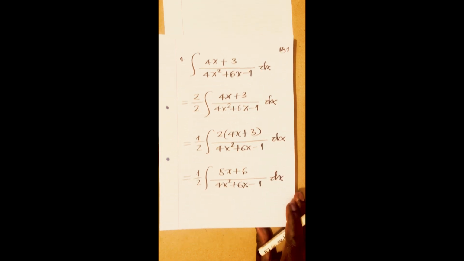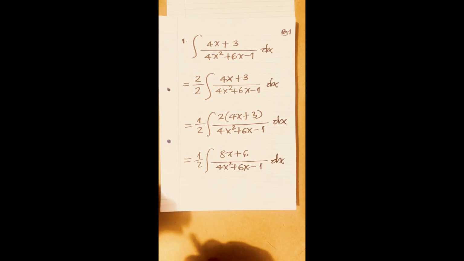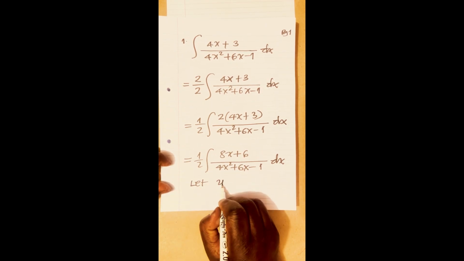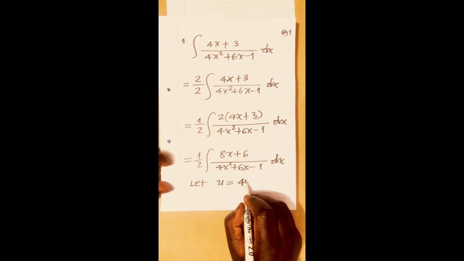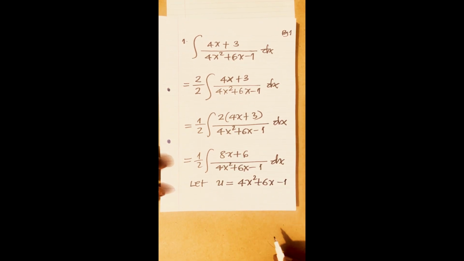Fantastic. At this stage, I'm going to let u be equal to the denominator, which is 4x² + 6x − 1.